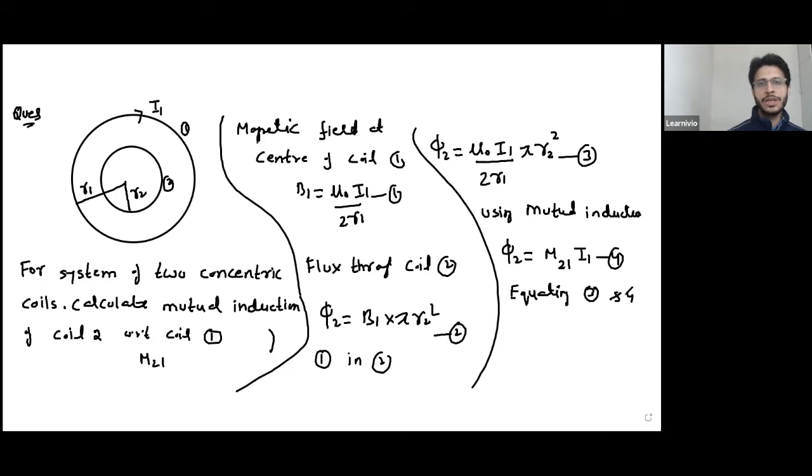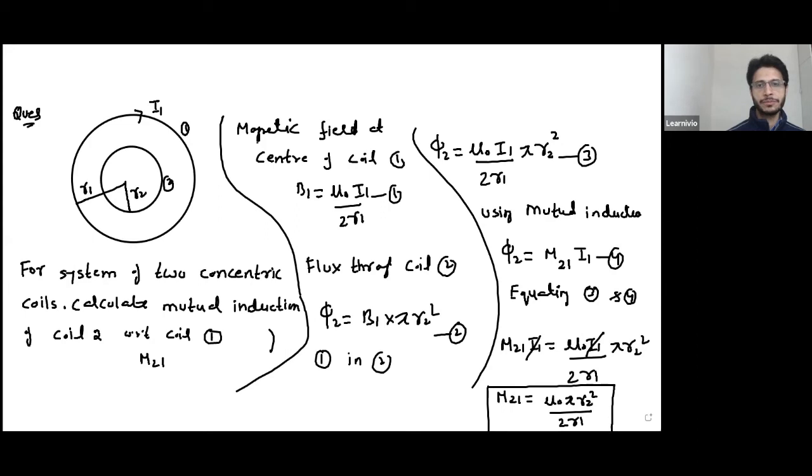So when you equate 3 and 4, you will get that M21 I1 is mu naught I1 by 2R1 into pi R2 square. So I1 will cancel this I1. So this M21 comes out to be mu naught pi R2 square by 2R1. This is M21.